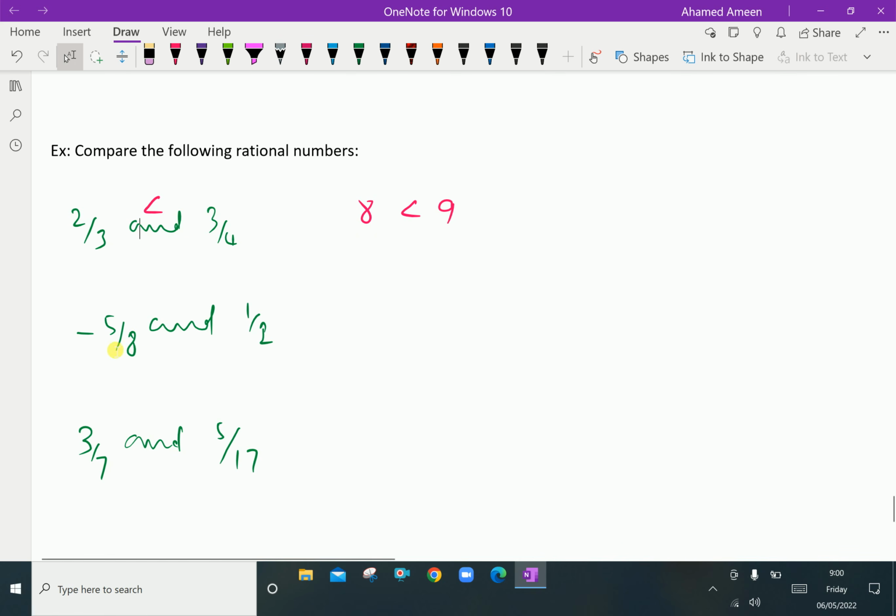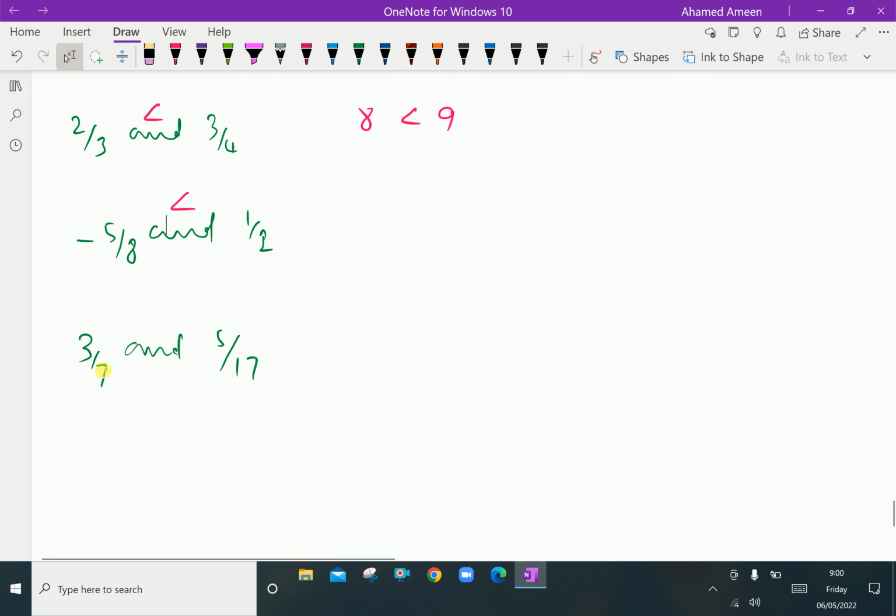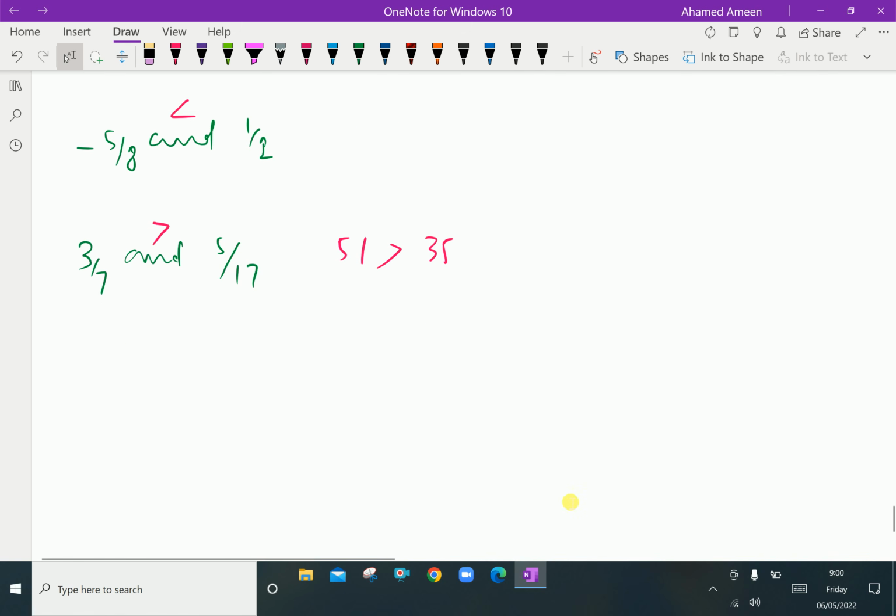Now, any negative number is lesser than a positive number, so minus 5 by 8 is of course lesser than 1 by 2. Directly you can find that. Next, 3 by 7 and 5 by 17. Cross multiply: 3 into 17 is 51 and 7 into 5 is 35, so 51 is greater, so 3 by 7 is greater. We have done.